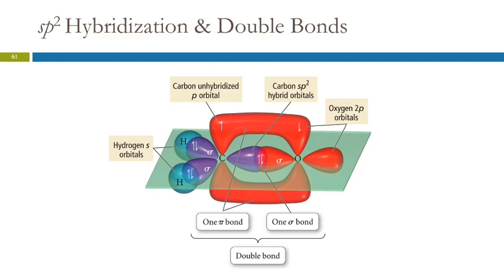So if you imagine this bond, and let's say you're looking from the oxygen down to the carbon. On the carbon, you see the outline of that orbital, and on the oxygen, you see the outline of a similar orbital. They overlap each other. And so as you're looking down that axis, it looks like a sigma. It's circular.